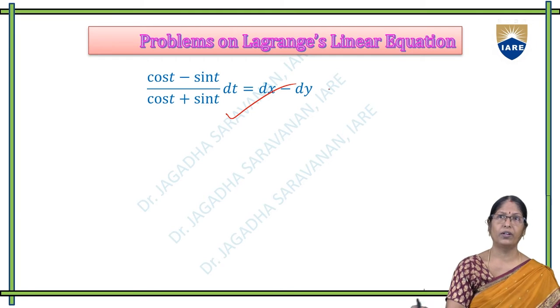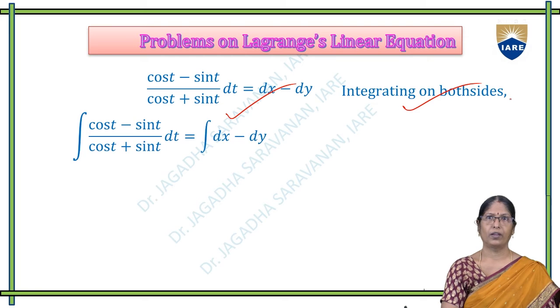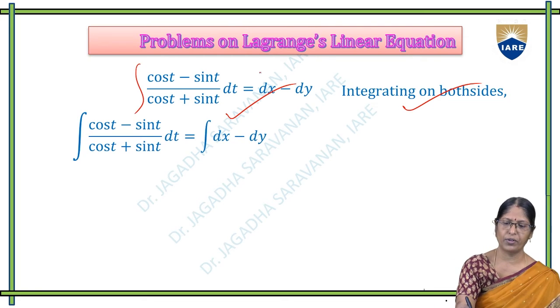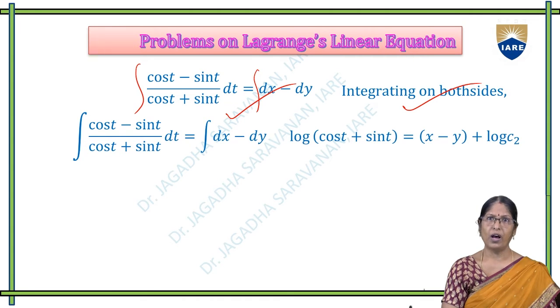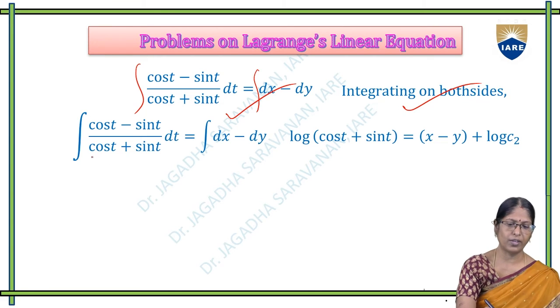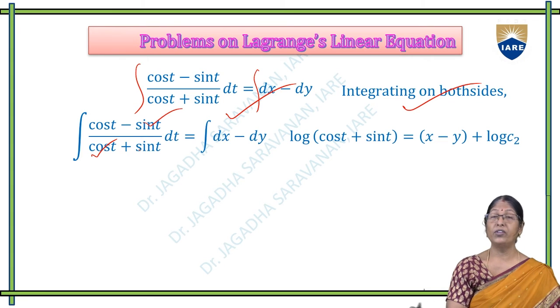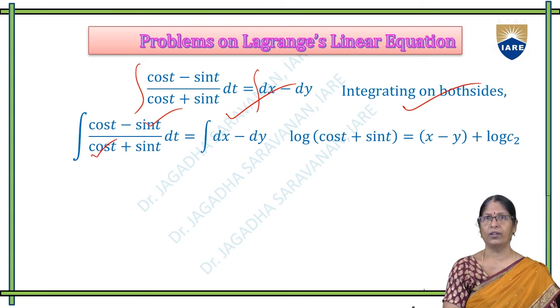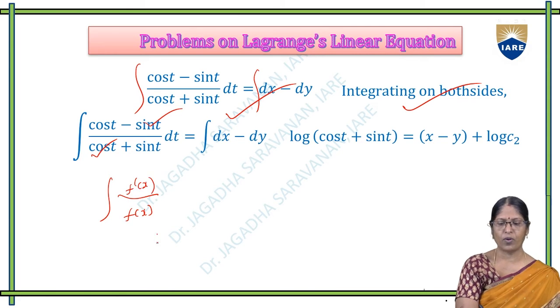So we can see it here. So integrating on both sides. Now we will do the integration. So now this integration, cos t, the integration is sine t. The integration is very simple: suppose here f of x is there, the top f dash x is there, we can write log of f of x.